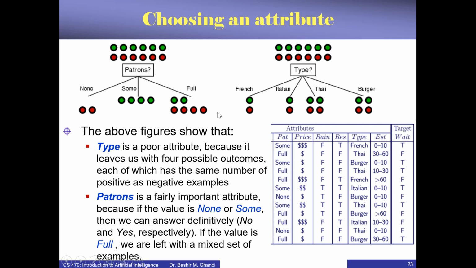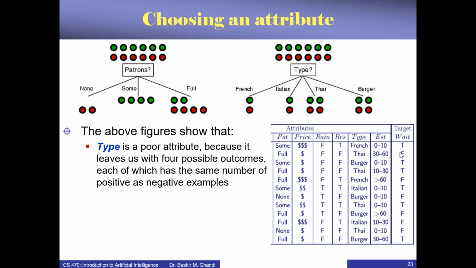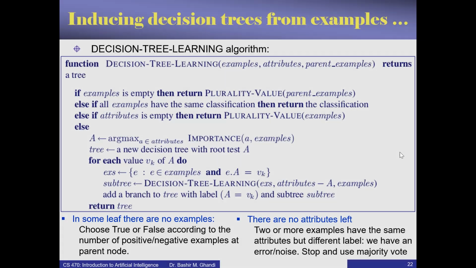Eventually we will end up with a tree that is as short as possible, and that will allow us to decide, if we receive a new input, how to map it to one of the correct outputs. This is exactly the algorithm referred to as choosing the most important attribute.